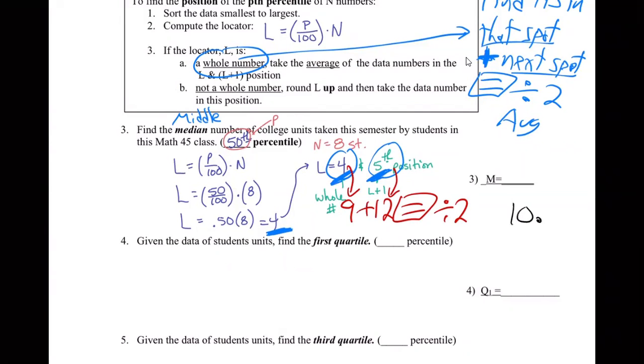10.5. Excellent. Yeah, that's what I'm getting too. Are you all able to get 10.5? So that's the answer right there. How we doing? Is that making sense?